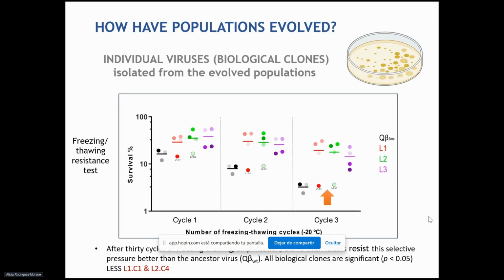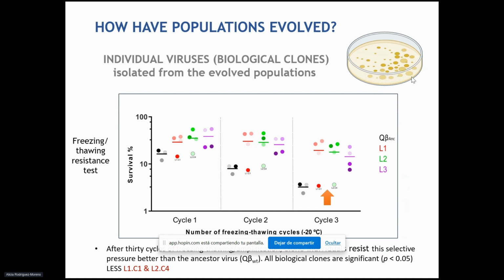So finally, from this adapted population, we isolate biological clones, which are individual viruses that came from the whole population, in this case L1, L2, and L3.